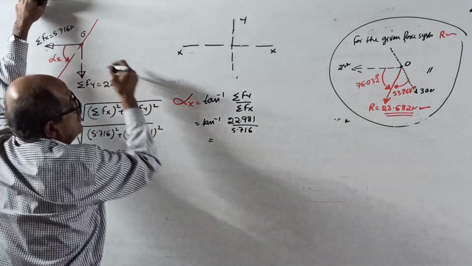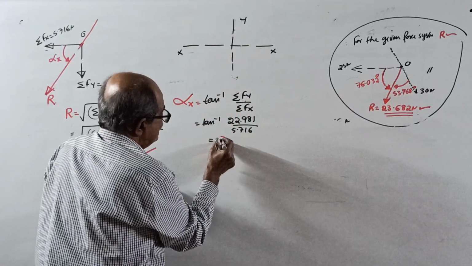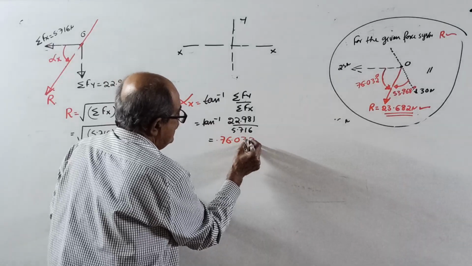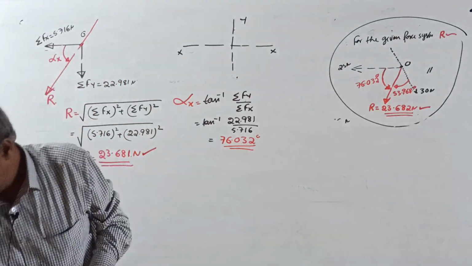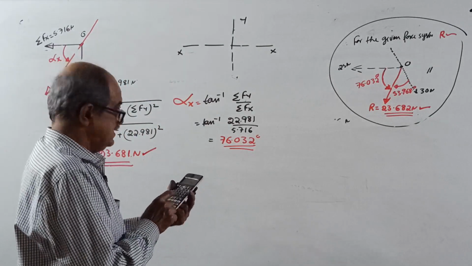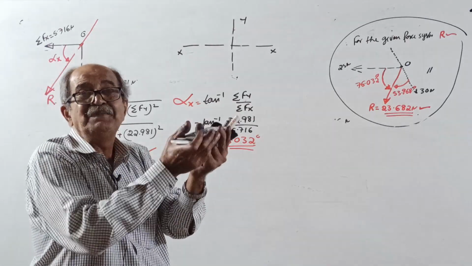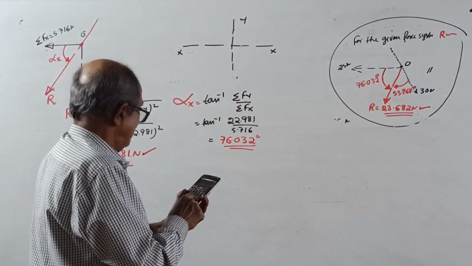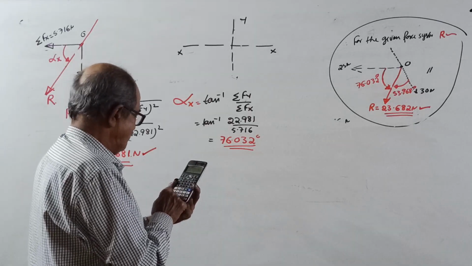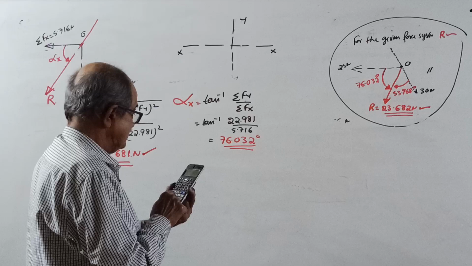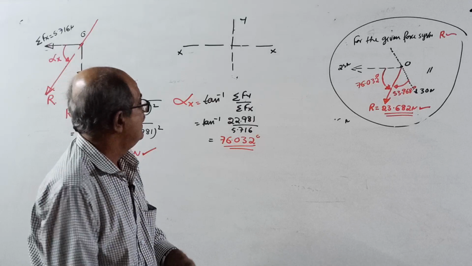See, this angle, you know here, it has to come 76.032 degrees, or 76.033, 031, that's okay. Anyway, for your satisfaction, check it. Same thing, the calculator will be broken. I will apply a bending moment more than the resisting capacity of the cross section of the calculator. Some will say that is also a technical matter. 22.981 divided by 5.716, shift tan inverse, answer 76.032 only came. Okay, 76.032 degrees.